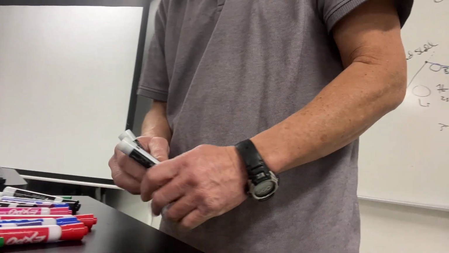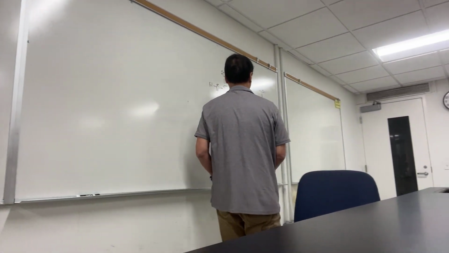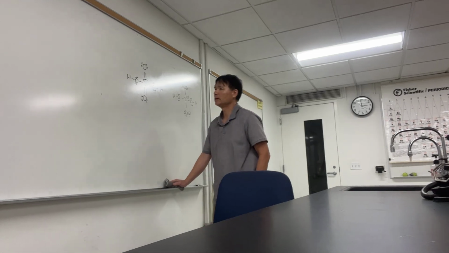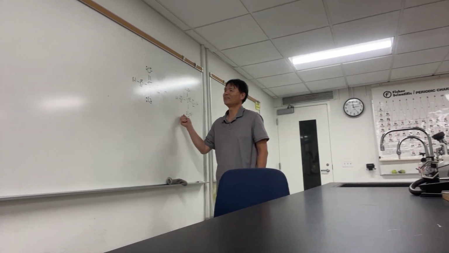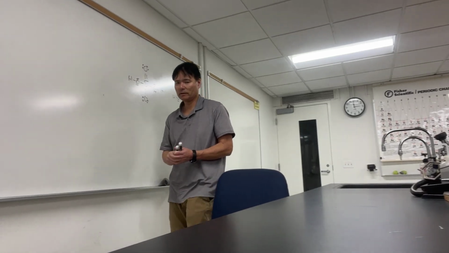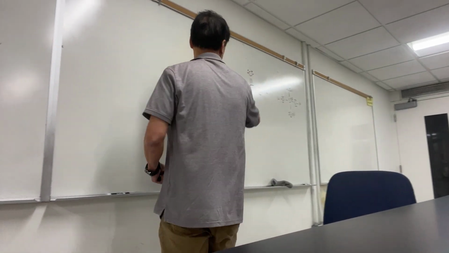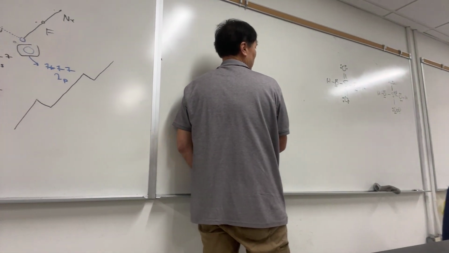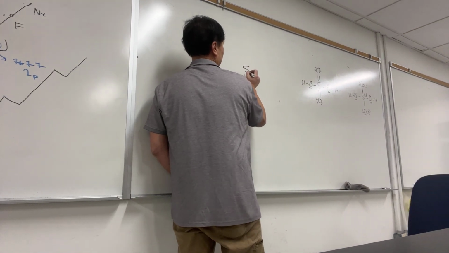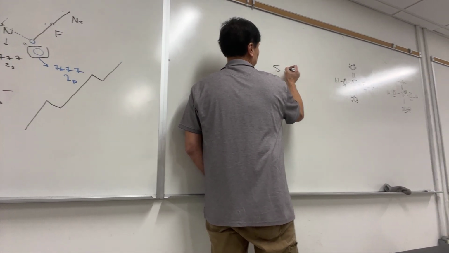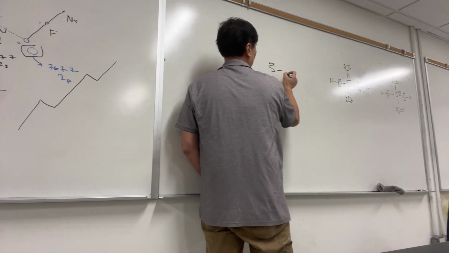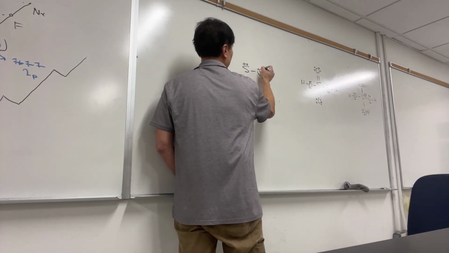Otherwise, I want to continue talking about acid strength, base strength. Since I have this written up here, I might as well talk about this one first, and that is sulfuric acid versus sulfurous acid. Well, sulfurous acid, we have the same thing. We could expand the octet, get rid of formal charge.